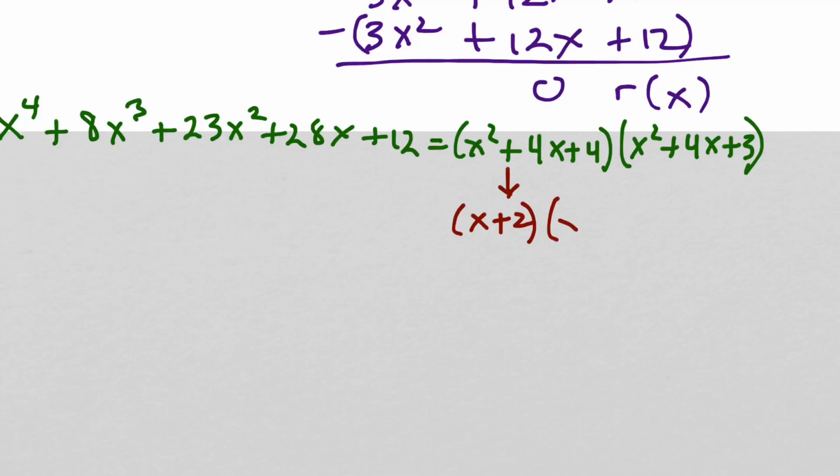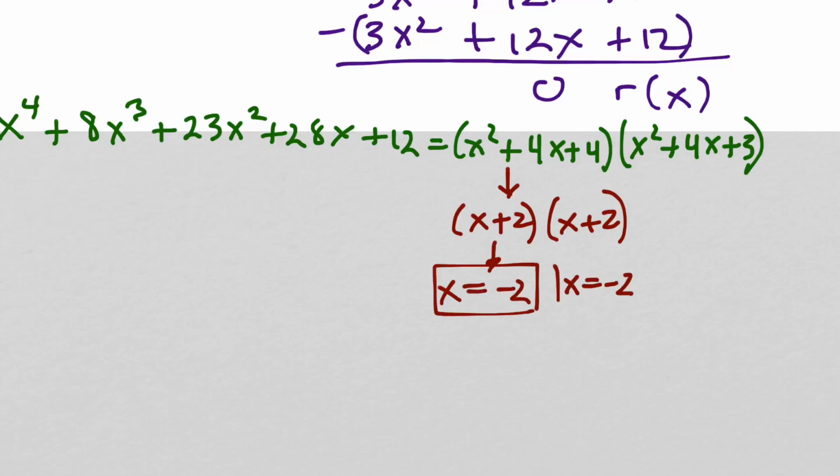This is my zero of negative 2 of multiplicity 2. So remember, I can have 4 real zeros here. There's 2 of them, so that means this other factor must give me the other 2 zeros.